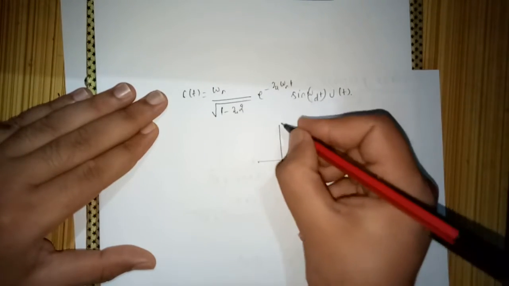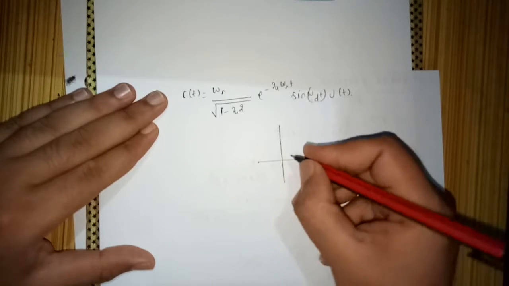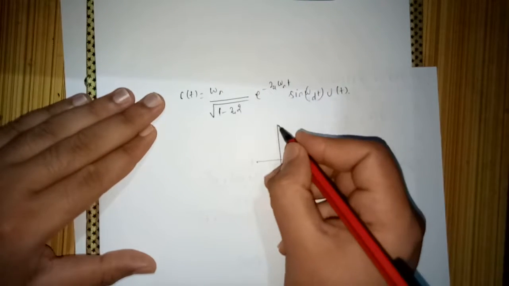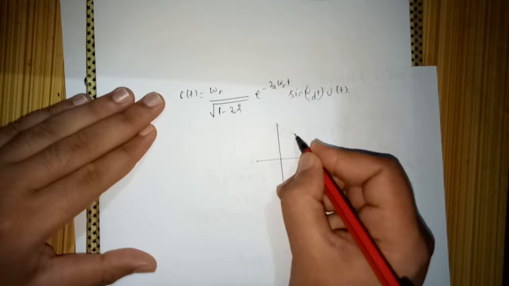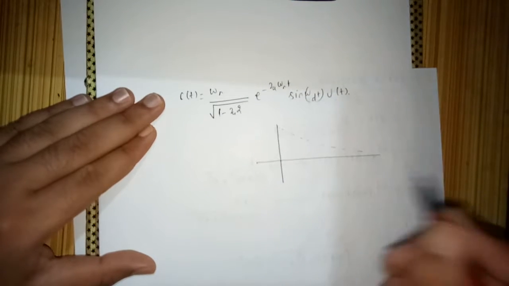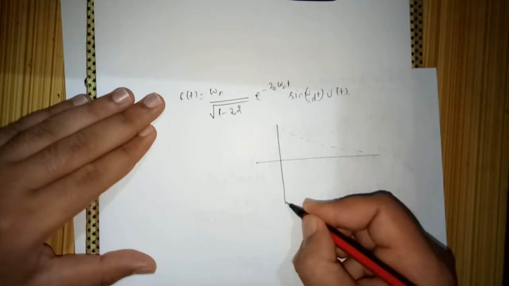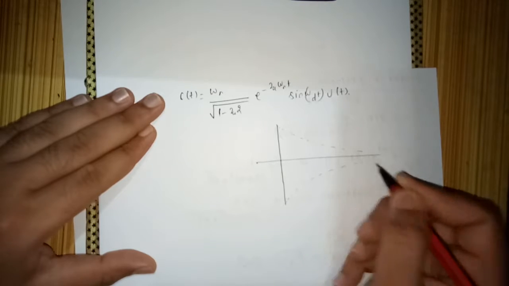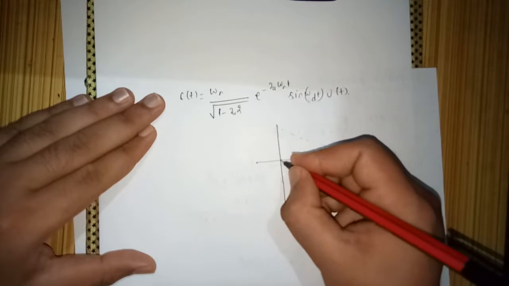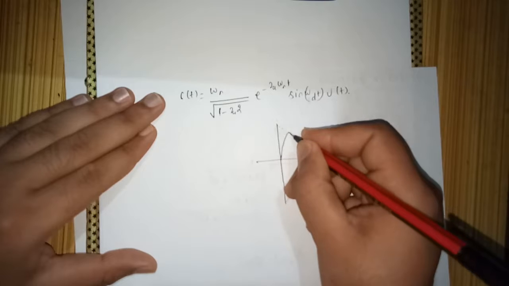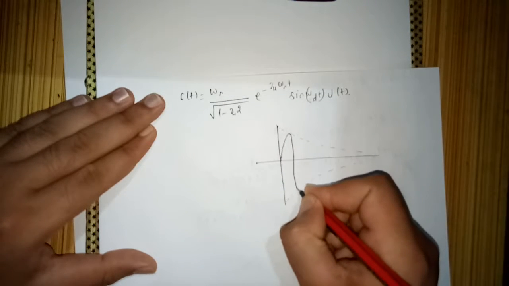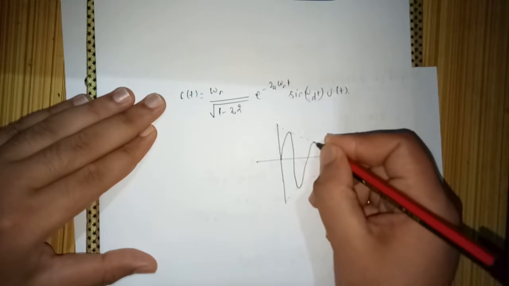So how will its response be? Going upward, let me draw the exponential decrease first. This will be decreasing like this, and so it will behave like this, going like this.